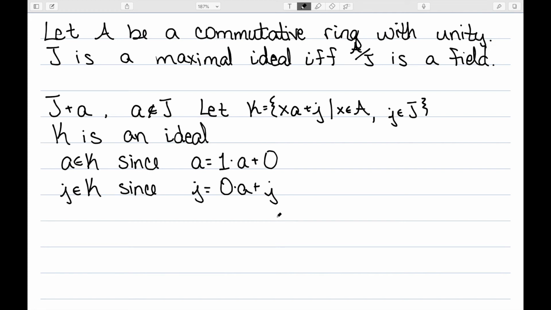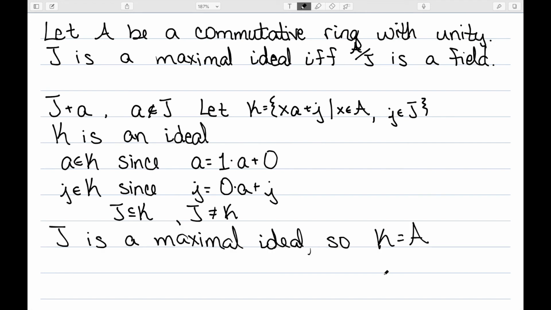Also, every element little j of my ideal J is in K since j is equal to 0 times A plus j. Since all my elements j belong to K, then I know J is a subset of K. And I further know that J is not equal to K, since we also have an element A in that set, where A is not in J.